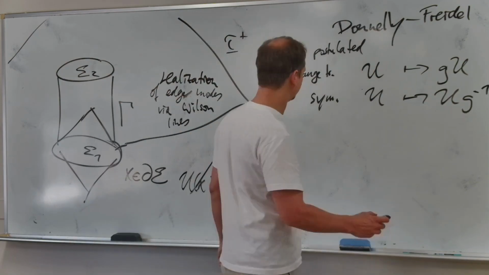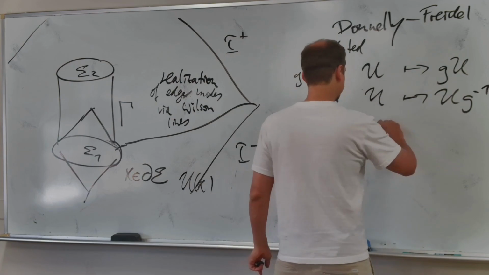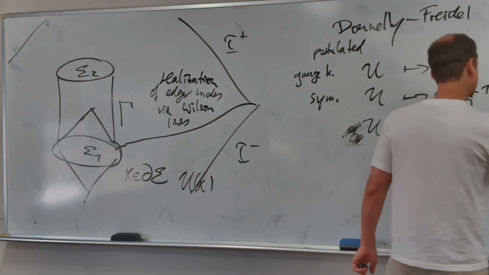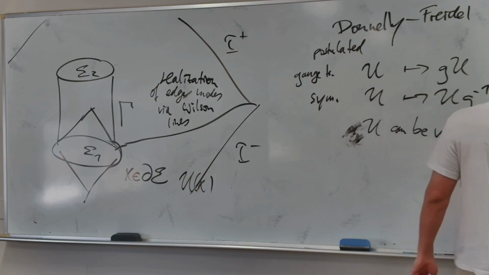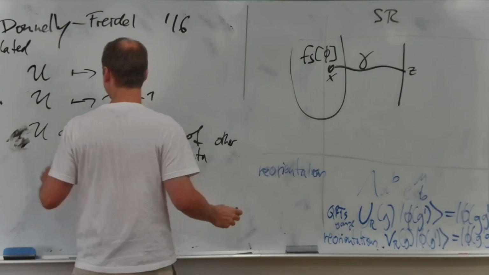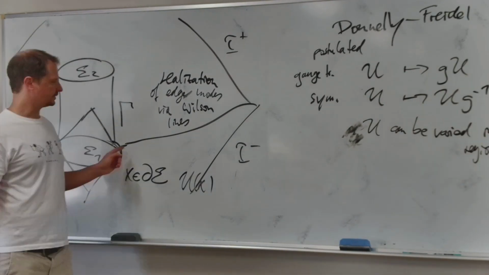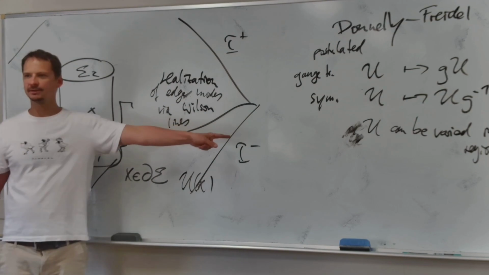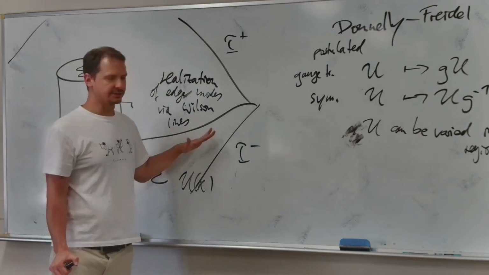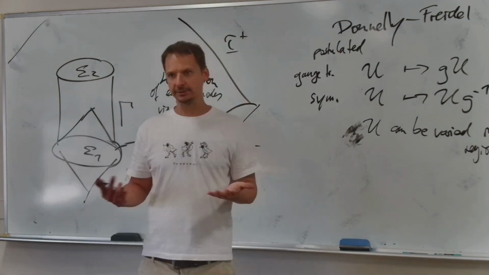In particular, it was also important for them that U can be varied independently of other regional data. That was also postulated, so you just add it as a new degree of freedom. And you also get that for free when the Wilson lines have support on the complement of the subregion, since you can vary U independently, because it will depend on the connection in the complement. So in that sense, what they postulated is realized.